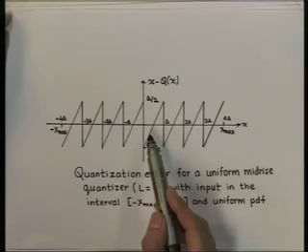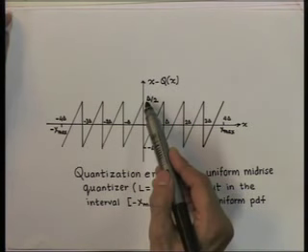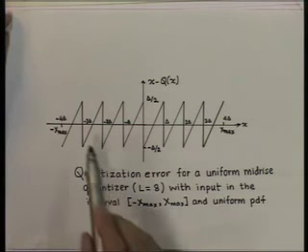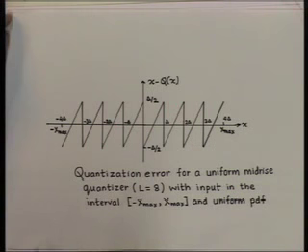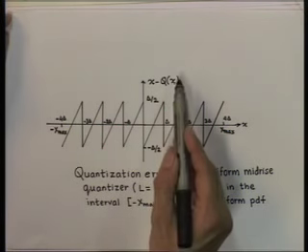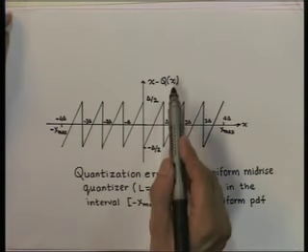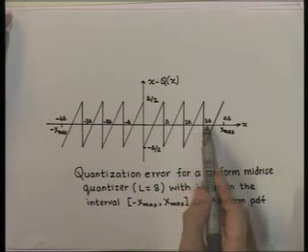Therefore, the quantization error lies in the interval minus delta by 2 to plus delta by 2. Now, as the input is of uniform PDF, it is not difficult to show that the quantization error Q is also uniform over this interval.